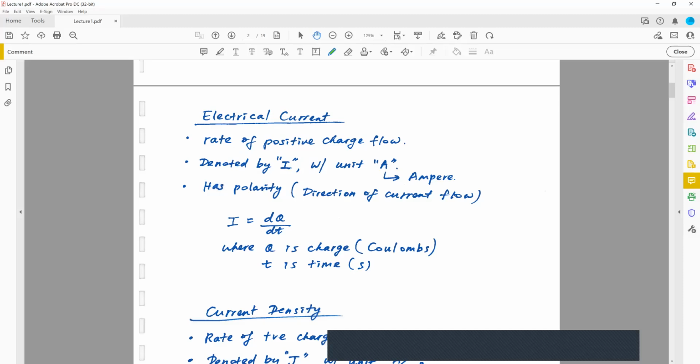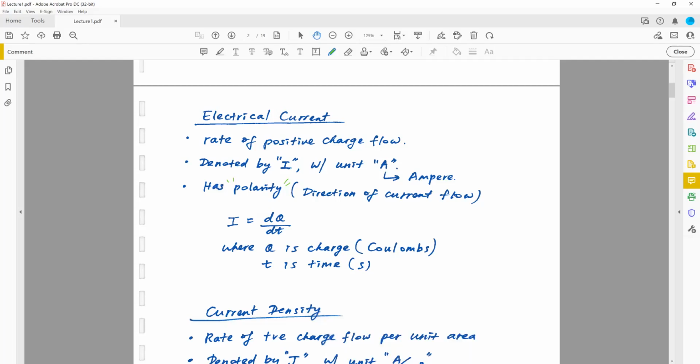This electrical current has polarity, and I'm going to say quote unquote here, and this polarity generally is referring to the direction of the current flow rather than the positive and the negative sign. When we talk about voltage, you will see that the polarity has to be specified with positive and negative. But for current, it is important that you always specify the direction, whether the current is flowing to the right or to the left, to the top or to the bottom.